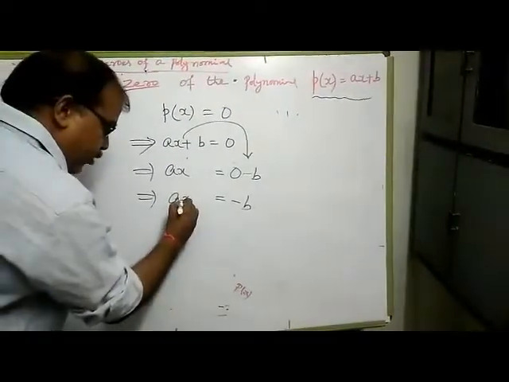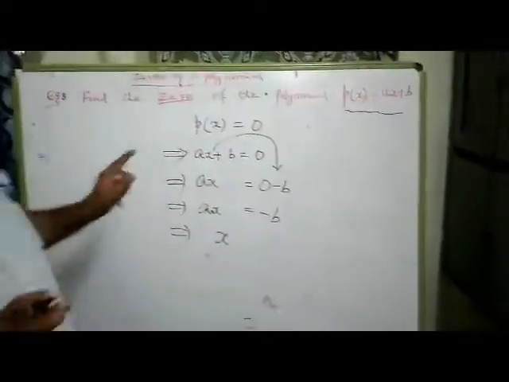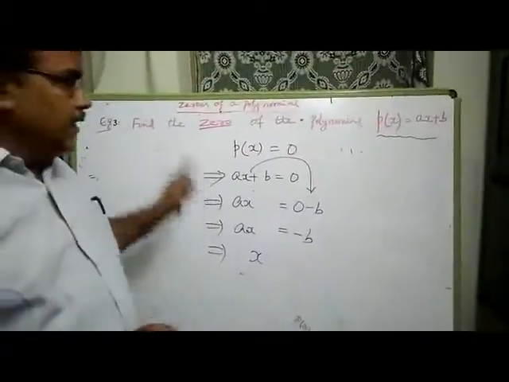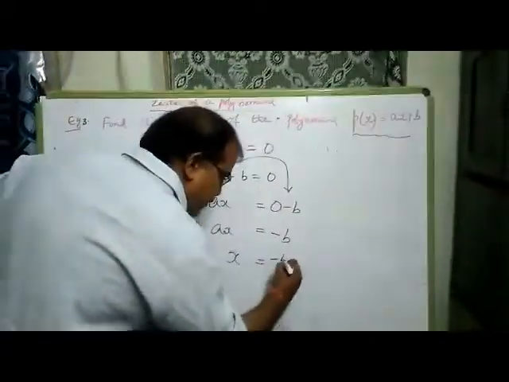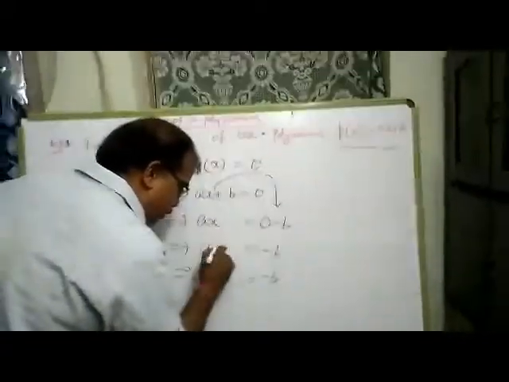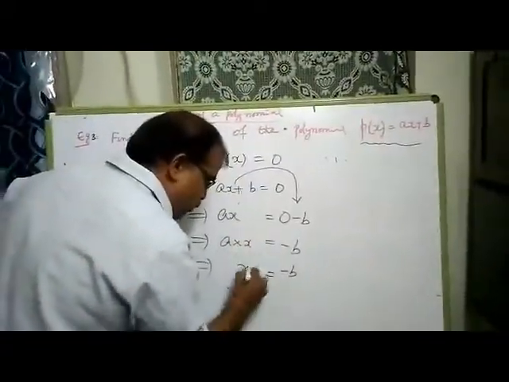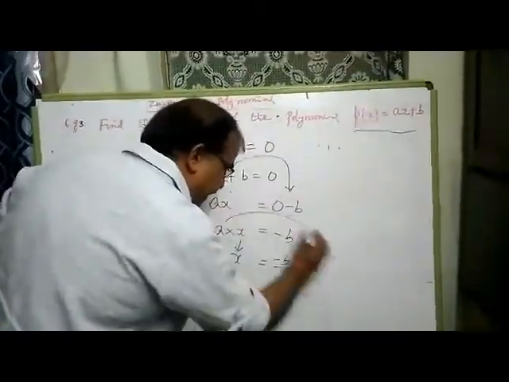That implies a into x, this is nothing but ax. Now x is the variable here. X is the variable; a and b are constants. That's what I am finding: x. X is equal to minus b divided by a.